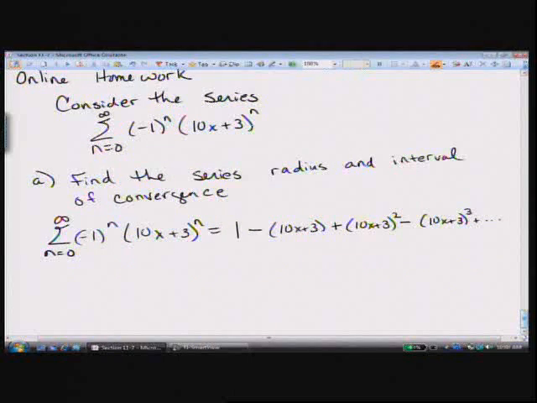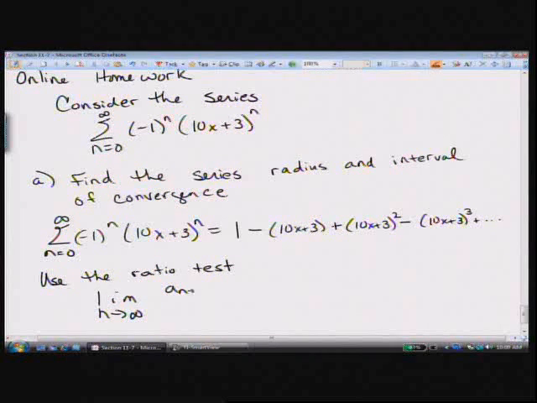So if we were to look at this, we probably should look at the ratio test first. So we're going to use the ratio test, and we're going to look at the limit as n goes to infinity of a sub n plus 1 over a sub n.